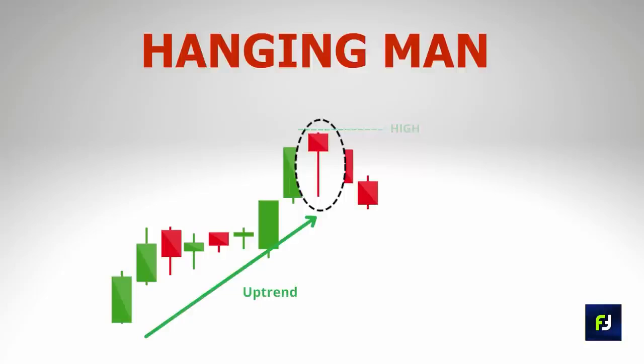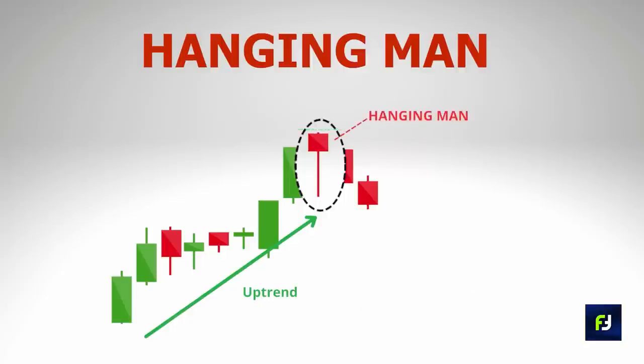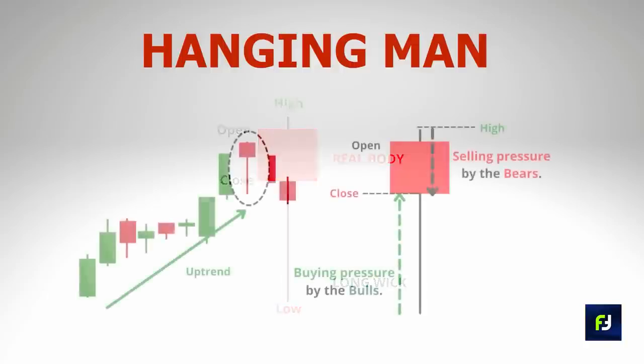The market is in an uptrend, hence the bulls are in absolute control over the market. A hanging man at the top of the trend indicates that the bears have managed to make an entry. This is emphasized by the long lower shadow of the hanging man, which signifies that bears have tried to break the stronghold of the bulls.